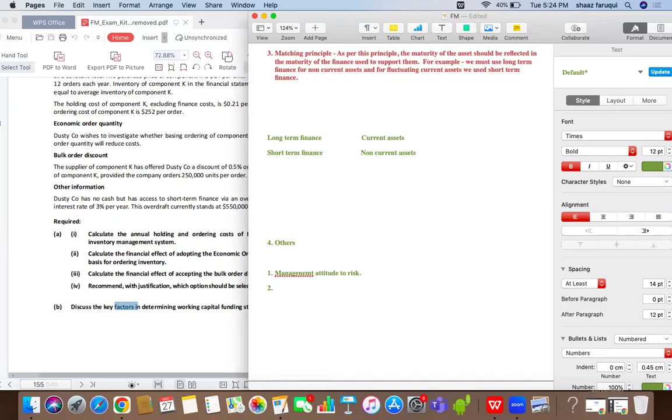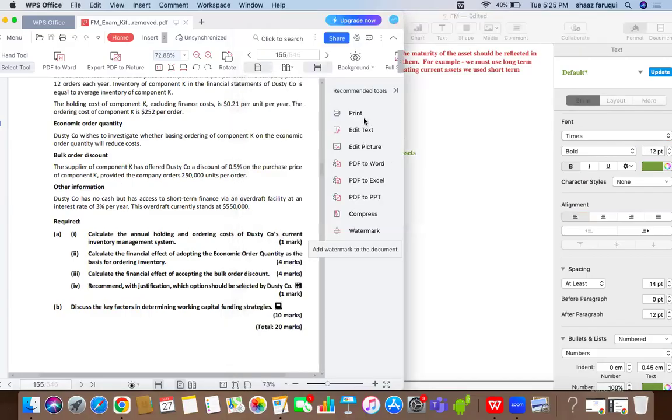Yes, Subhanjo. What I mean by this is the overall organization itself will affect the strategies used. The organization itself affects the strategies used for working capital funding.